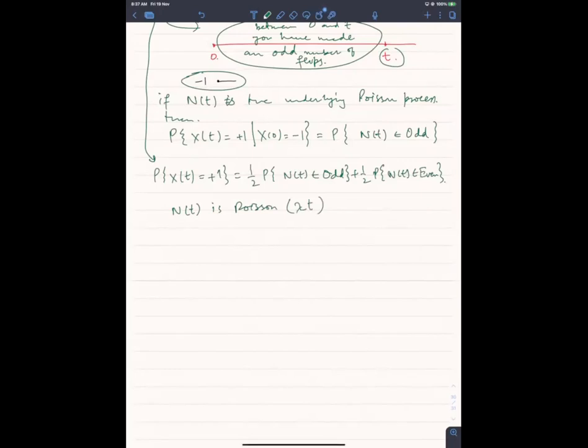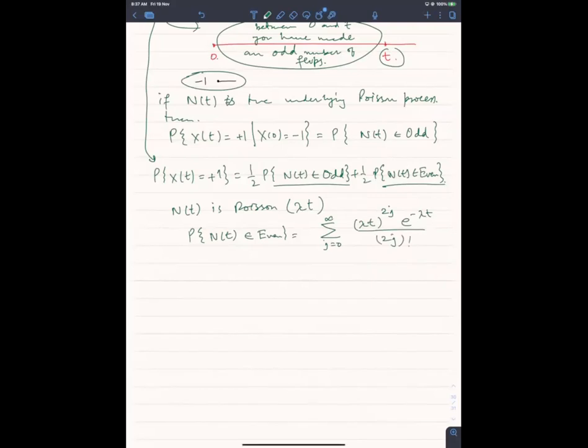So how can I make N of t to be even? The probability of N of t to be even or odd. So probability N of t is even, इसका मतलब यह है कि you add up all of those Poisson probabilities, j is equal to 0 to infinity, lambda t power 2j e to the minus lambda t divided by 2j factorial.